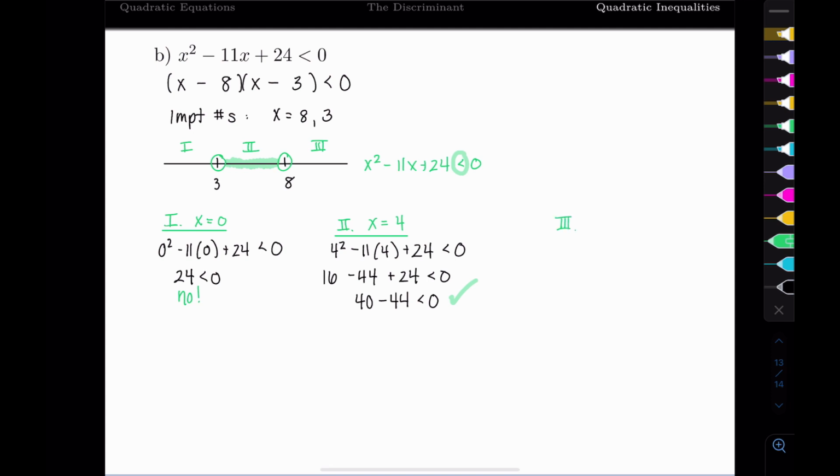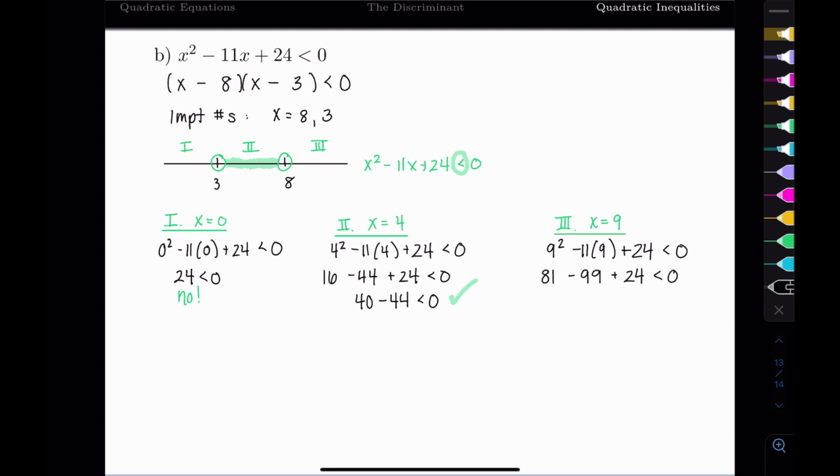And then finally, from interval 3, let's pick 9. Again, you can pick whatever you want though. We're going to do 9 squared minus 11 times 9 plus 24. We want this to be less than 0. 9 squared is 81. 11 times 9 is 99 plus 24.